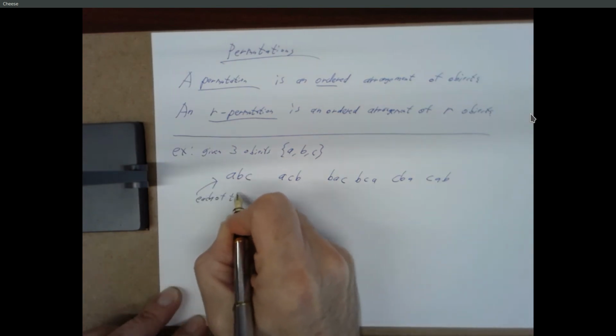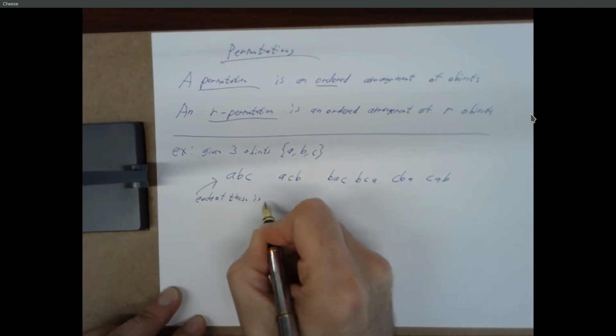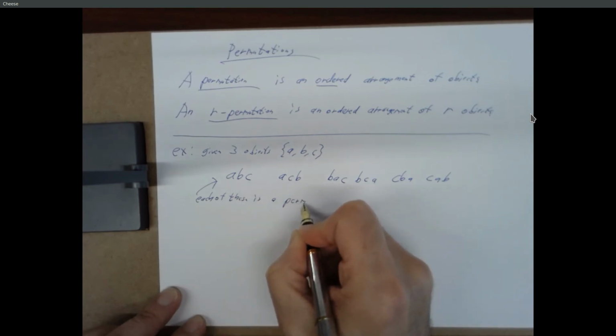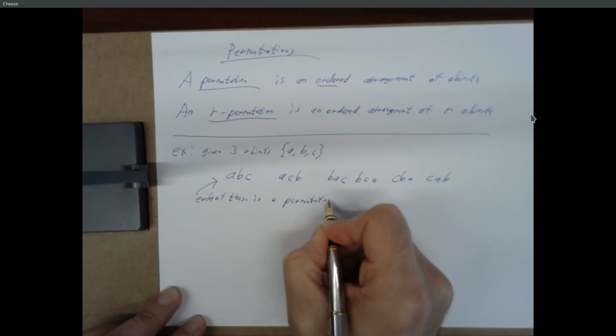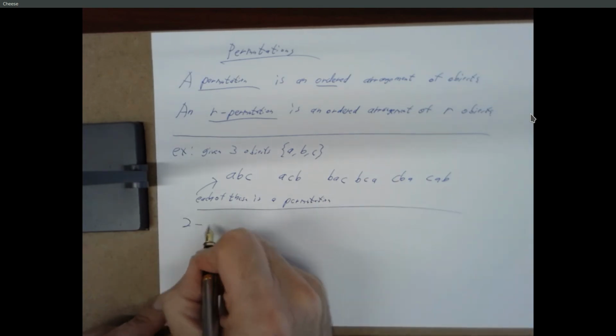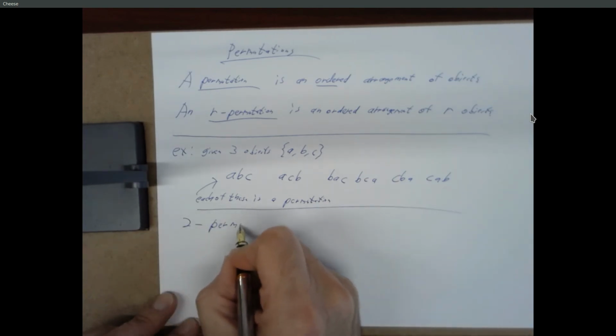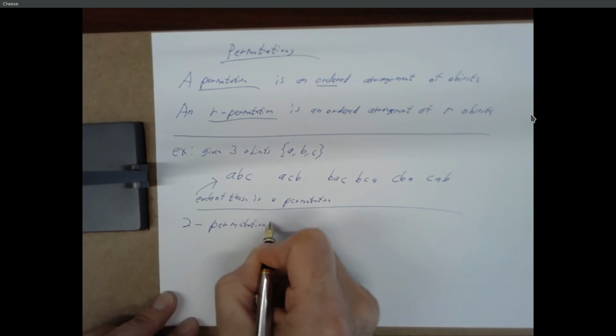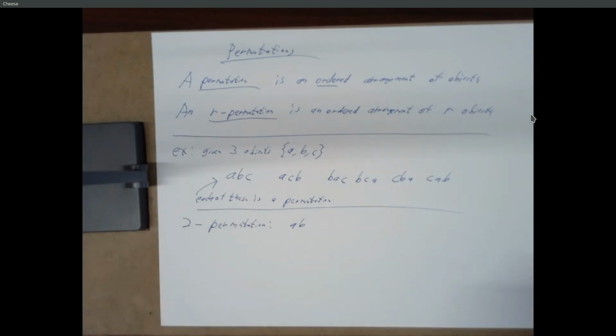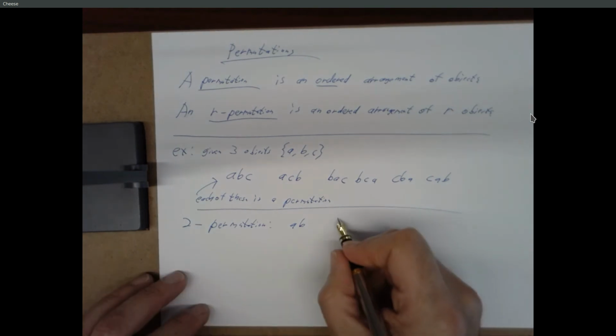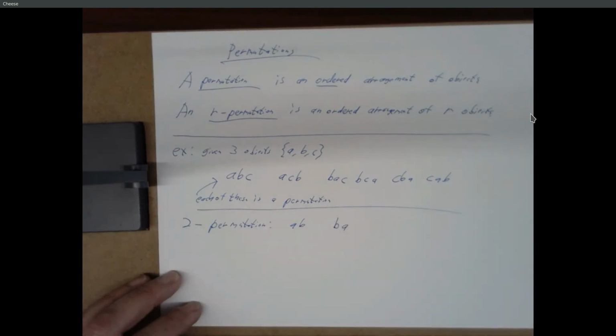Okay, an example of a 2-permutation might be A followed by B. It's an arrangement of 2 objects. B followed by A is another 2-permutation.